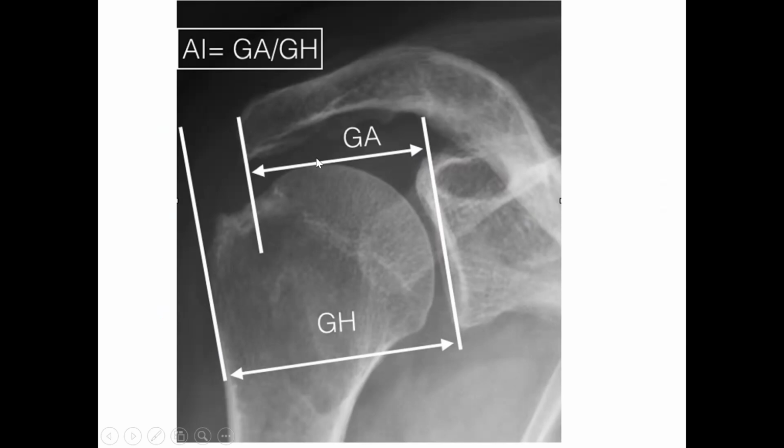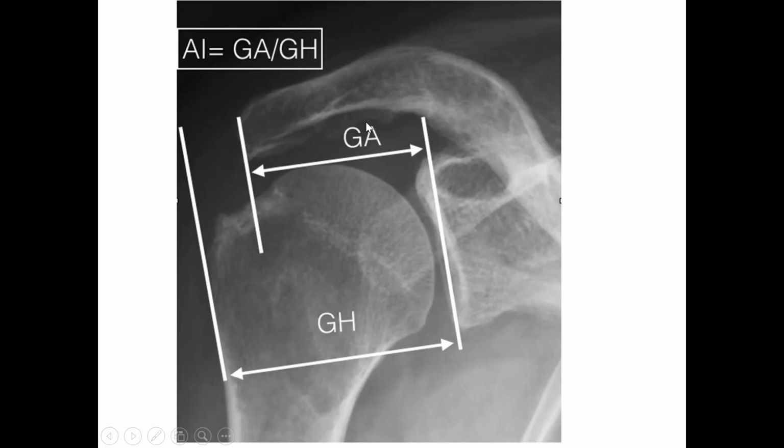Another line is passed through the lateral boundary of the acromion, and we measure the distance between the glenoid line and this acromion line. This is the acromion line, this is the humeral line, this is the glenoid line. So GA means the distance between the glenoid line and the acromion line, while GH means the distance between the glenoid line and the humeral line.